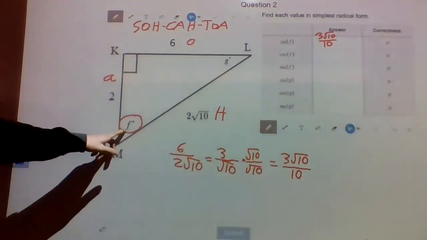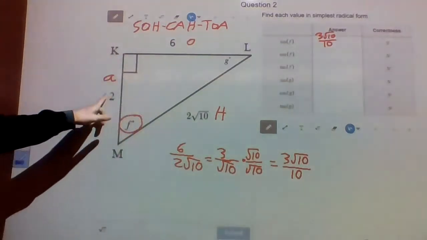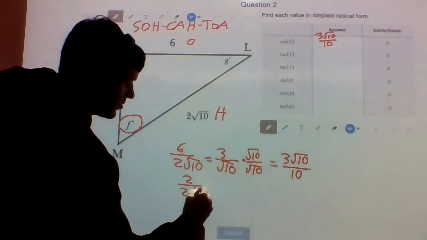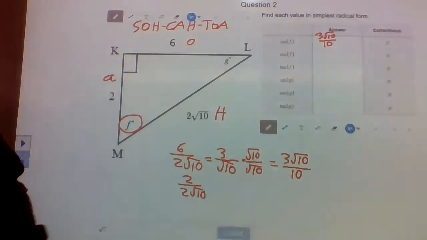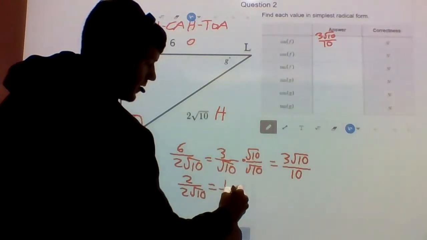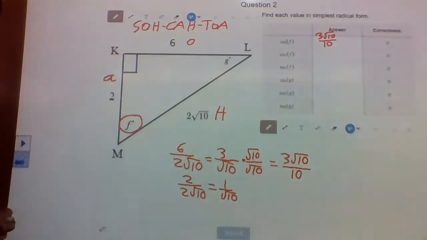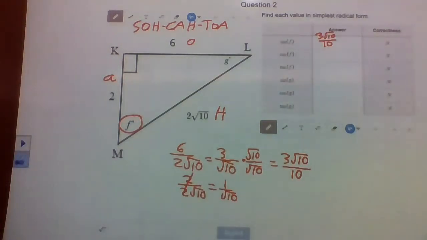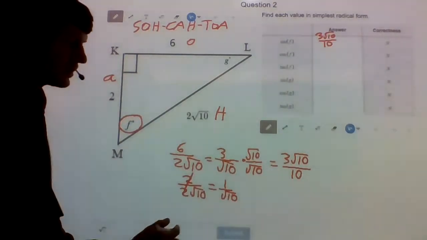Okay. Cosine is adjacent over hypotenuse, so that's going to be 2 over 2 root 10. Okay, so 2 divided by 2 is 1. So you have 1 over the square root of 10. And then you multiply by square root of 10 over square root of 10, right?